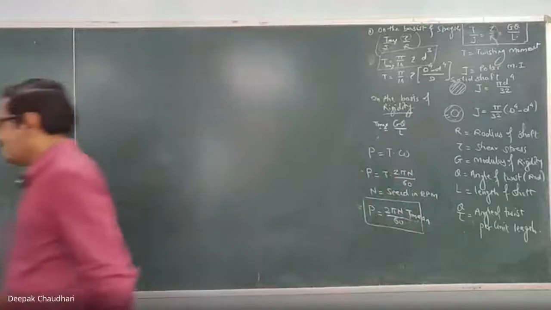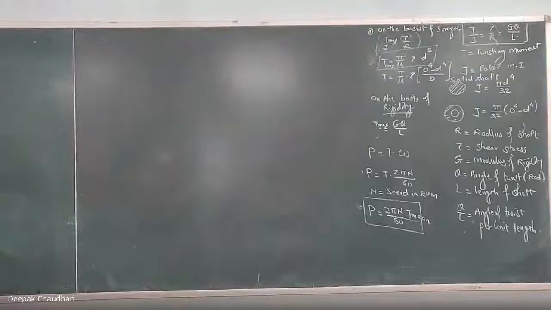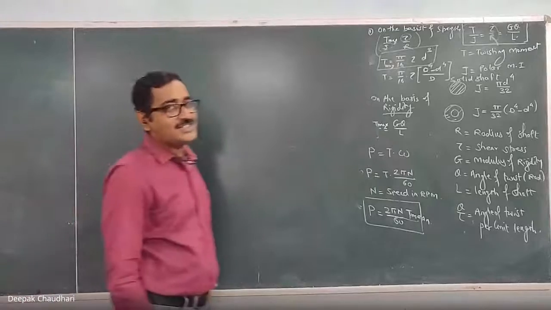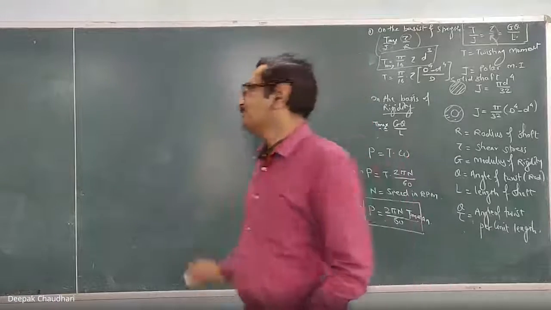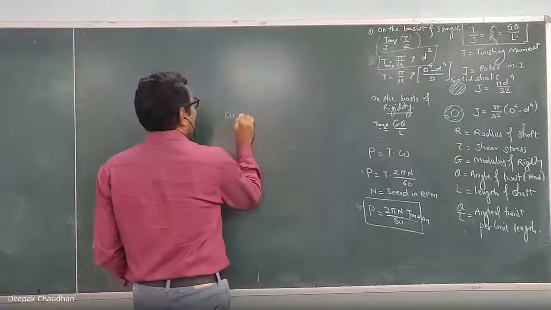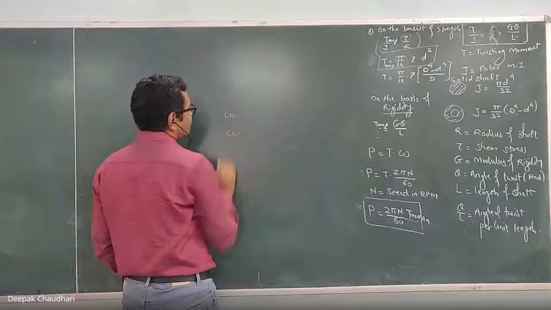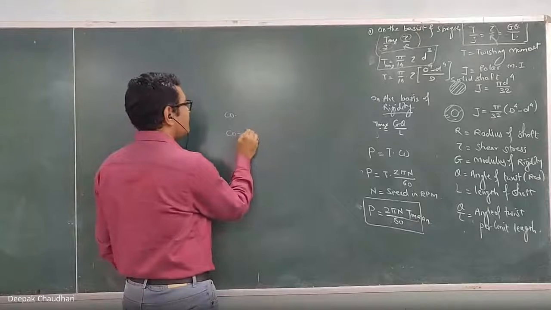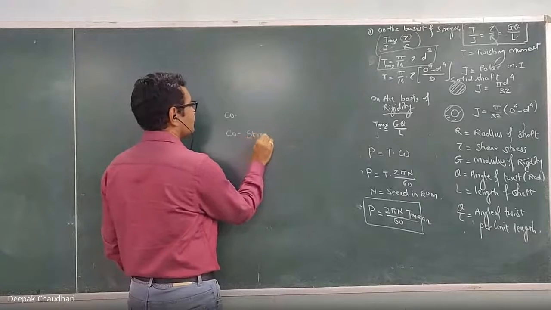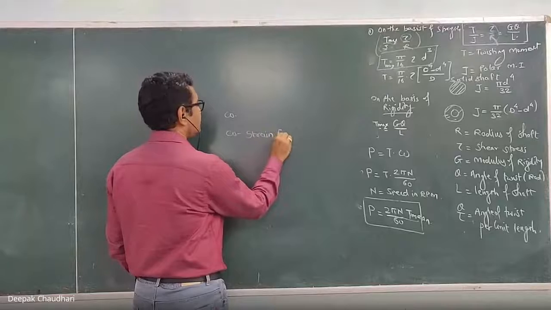Sir, what will be the portion for UT2? UT2, this bending stresses and torsion, both lessons come under one CO, and one more CO we have to cover, and that will be a very small part. Here, mostly strain energy.